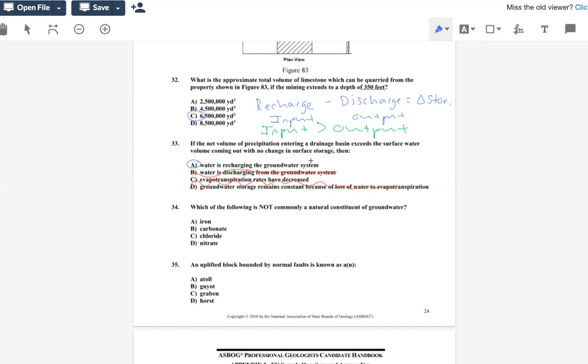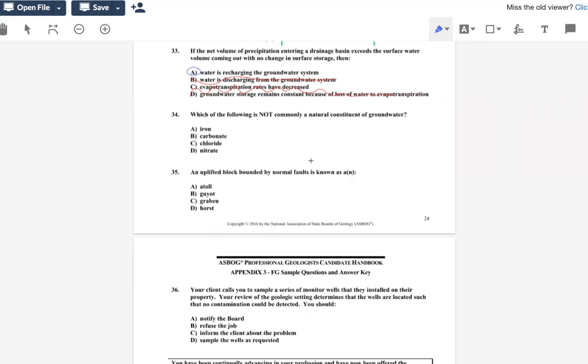So, okay. 34. Which of the following is not, that's important, not commonly a natural constituent of groundwater? So what I want to do then is think about where each one of these things comes from and identify the one that's not natural.